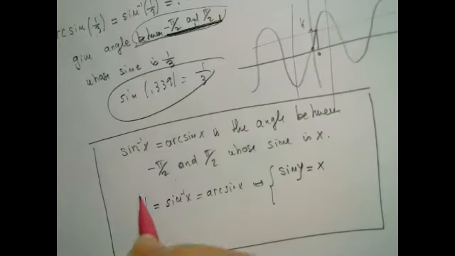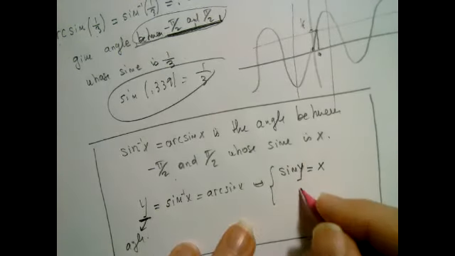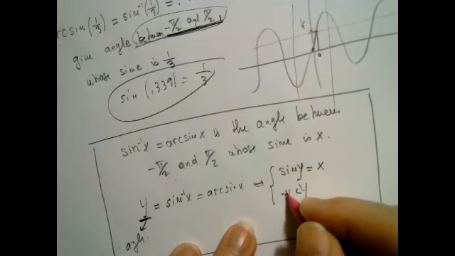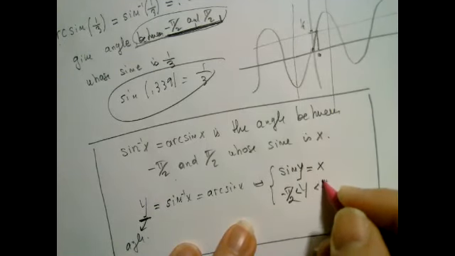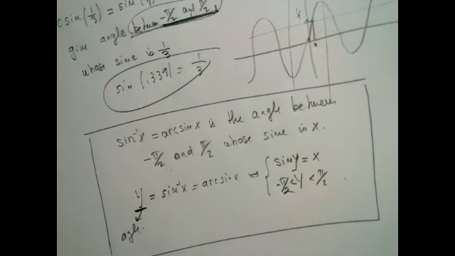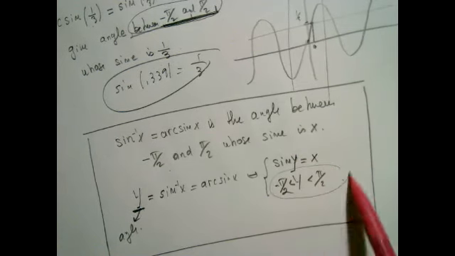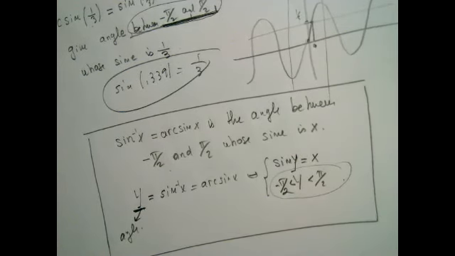So this gives me the angle, and not any angle, but the angle between minus pi over 2 and pi over 2. So if you know the sine and you want the angle, you use the sine inverse function. It gives you one of them, the one between minus pi over 2 and pi over 2. Then if you want the other one, you just use trigonometry to figure it out.